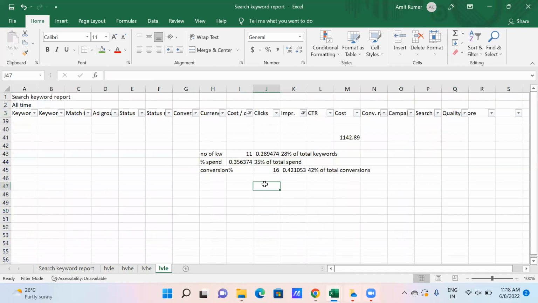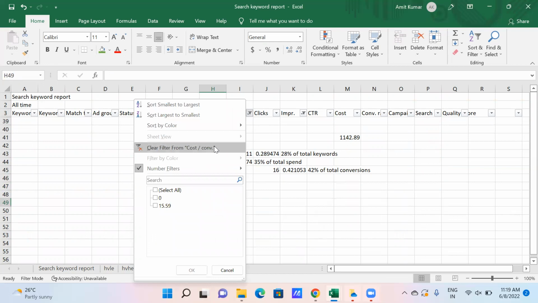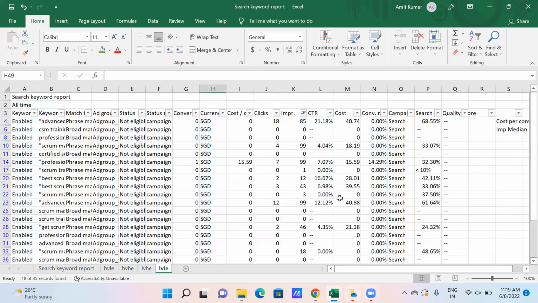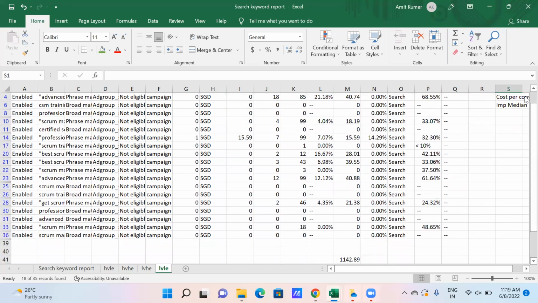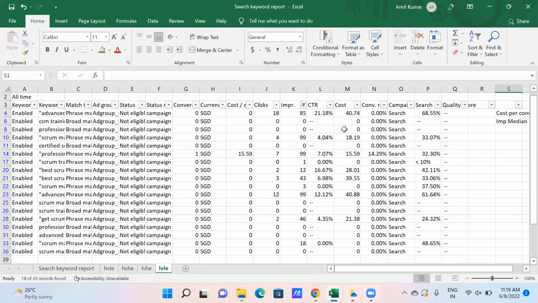If you put both the filters, there is no data. I'll tell you the reason. If I remove one filter here, you will get this data. And if you see, this does not qualify as low efficiency, for the simple reason, if you see the cost per conversion, it is coming out to be 15.59, and there is no conversion.